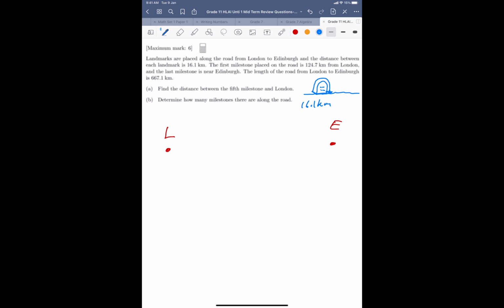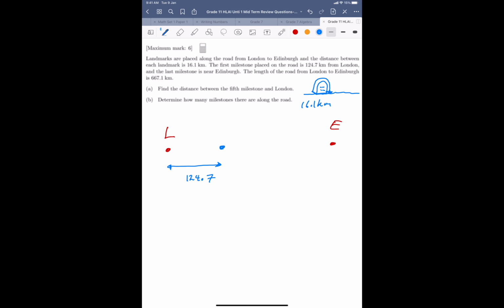All right then, so the first one appears 124.7. So this is not to scale, right? But here's the first one, and this distance already is 124.7, okay? And then the markers are every 16.1, okay?